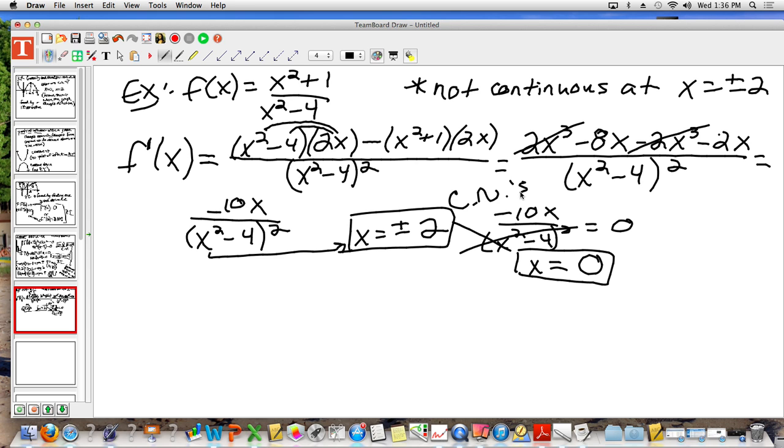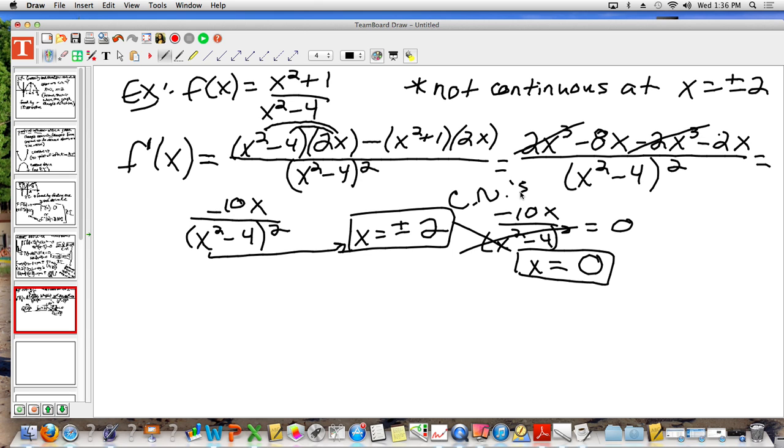Why did you cancel out x squared minus 4? Well, what happens here is we have to solve for x, so we have to get rid of the denominator. So we multiply the left side by the denominator, which cancels it out, and then we multiply the right side by it. And multiplying 0 by it gets us nothing.